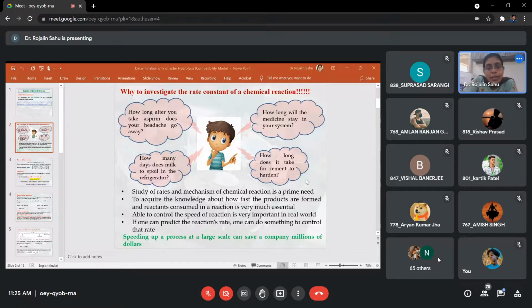And again, here you can see it is written that speeding up a process at a large scale can save a company millions of dollars, because if your rate of production is high, then you are producing more products.